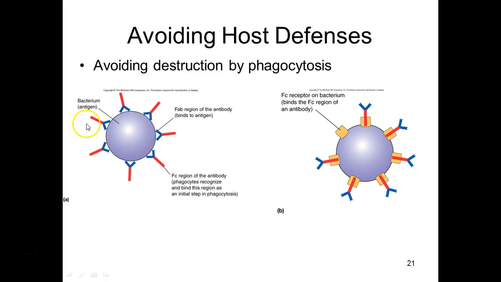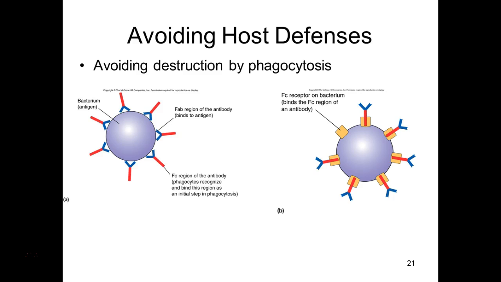This is how it's supposed to interact: the antigen binding sites are supposed to bind to the pathogen, and the Fc portion is supposed to be sticking out so our immune system can interact with it. Well, there are some pathogens out there, and I think Streptococcus pyogenes, the causative agent of strep throat, is one of the ones that's developed the ability to grab onto our antibodies by their Fc portion. So they can coat themselves in our antibodies in the wrong orientation.